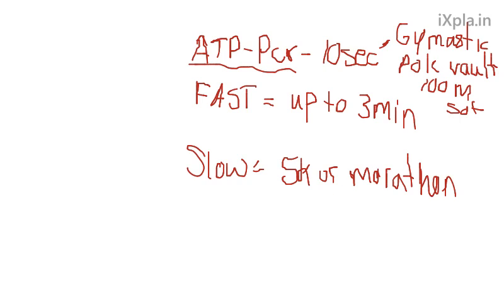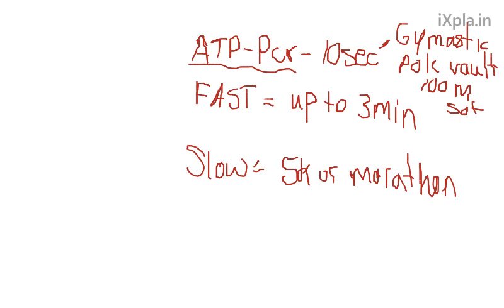If the activity lasts up to about 3 minutes, like 800 meters, I don't know, some people might run 100 meters in 3 minutes. But if the activity only lasts up to 3 minutes, you rely mostly on fast glycolysis. That would be running 800 meters. Now, if the activity is a long duration that can last for a very long time, it'll be aerobic.